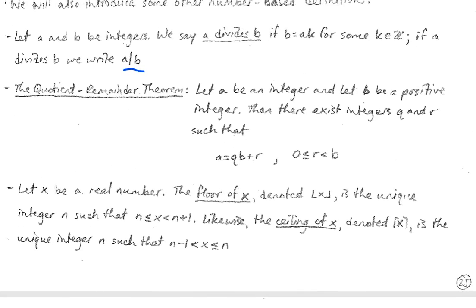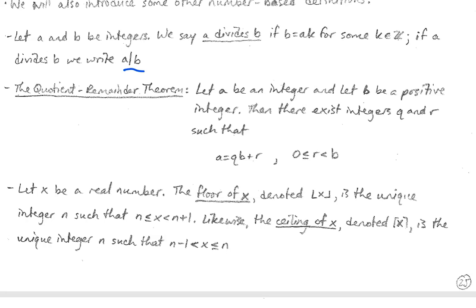And then a last couple definitions that I just want to show you. If you have any real number x, so it could be a whole number, it could be a rational, it could be an irrational, the floor of x is denoted with an x inside what looks to be the middle of a regular capital L and a backwards capital L. The floor of x is the unique integer n such that n is less than or equal to x, which is less than n plus 1.